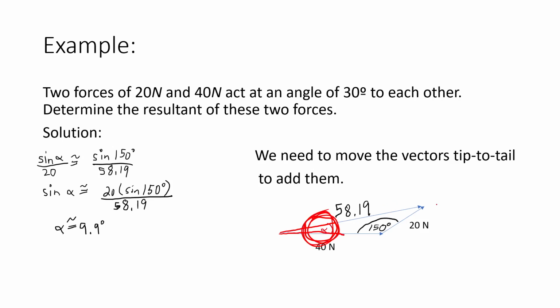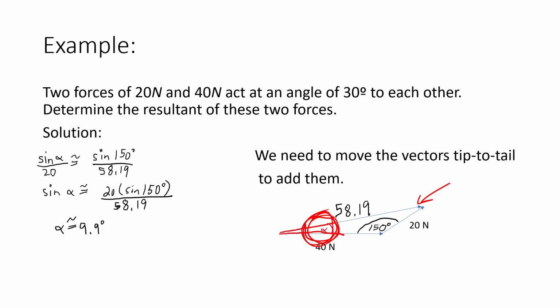I'm not as interested in the angle made at the tip, but this angle made at the tail is the better one because the angle between two vectors is always tail to tail. So that's sort of the more fundamental one.